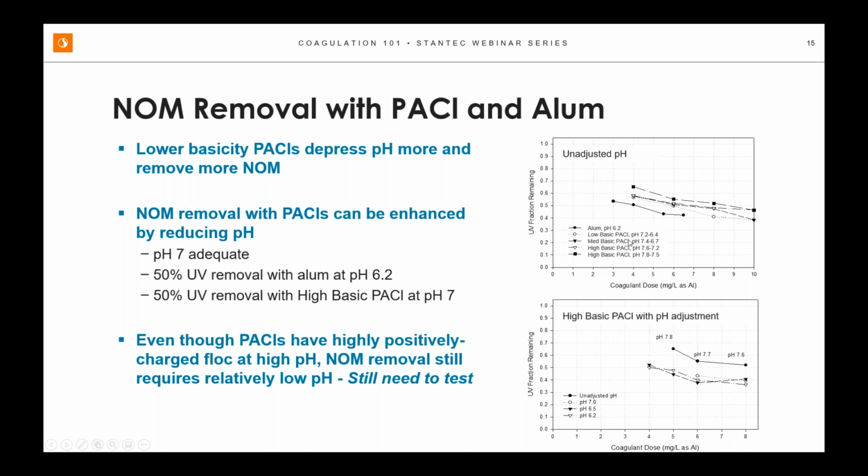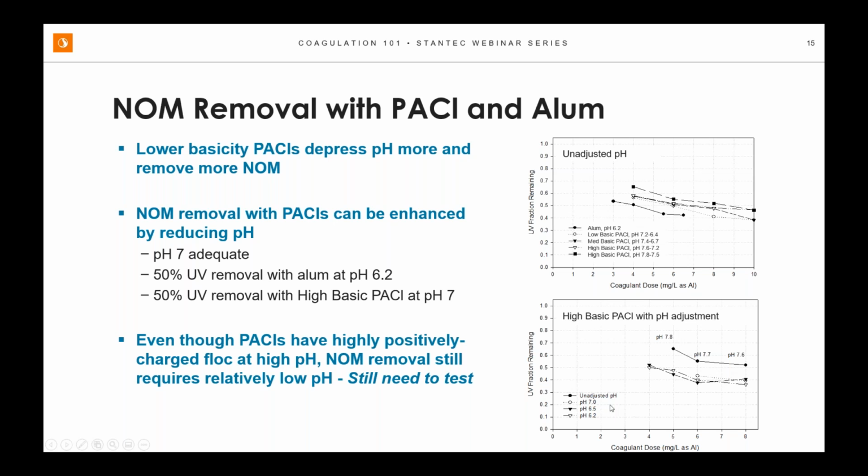If you look at a medium or a low basicity product, they're kind of in the middle. So there are some situations where you can enhance the organics removal by taking that high basicity product and adding some acid and dropping it. So we take, this is the same data shown above, the high basicity PaCl in an unadjusted situation.